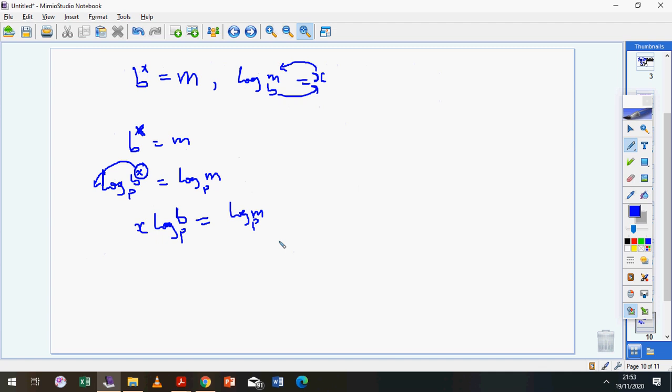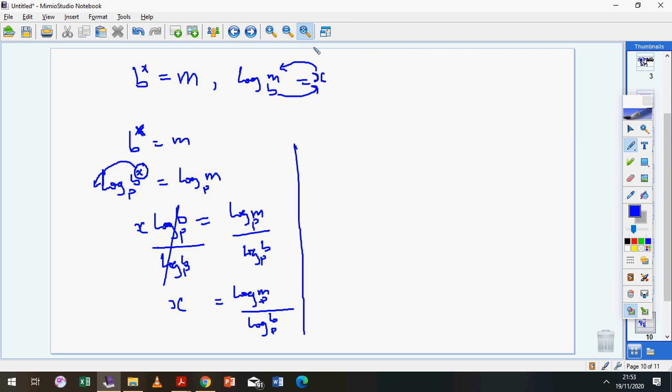So if I want to isolate the x, I'll divide both sides by logarithm of b base p. So this cancels out, and I'm left with x is equal to logarithm base p of m divided by logarithm base p of b. However, remember that x is the same thing as logarithm of m to the base b.